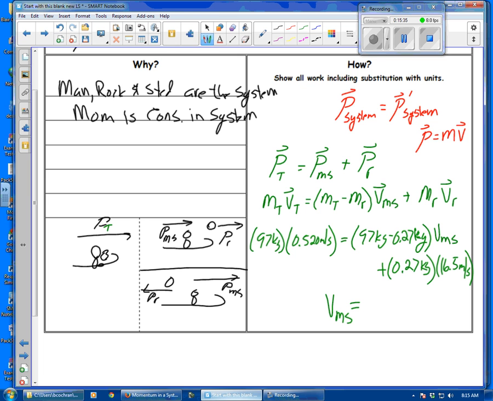Solve for the velocity of the man with the sled. Let's see. I got 0.475 meters per second.